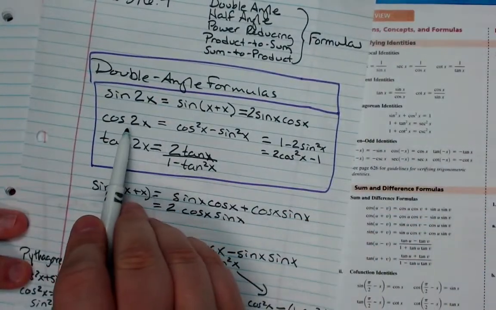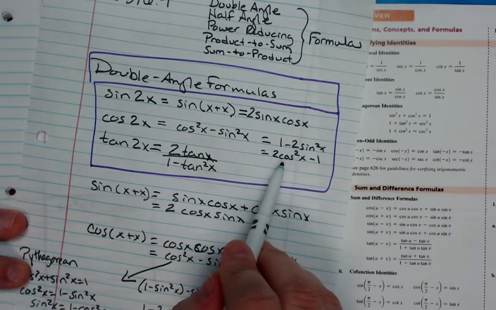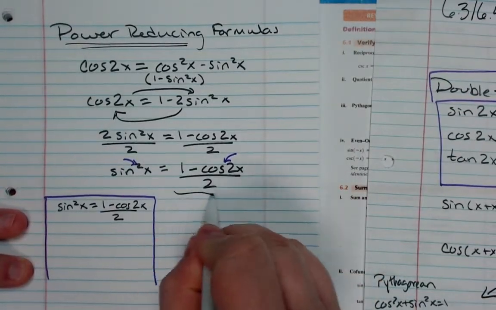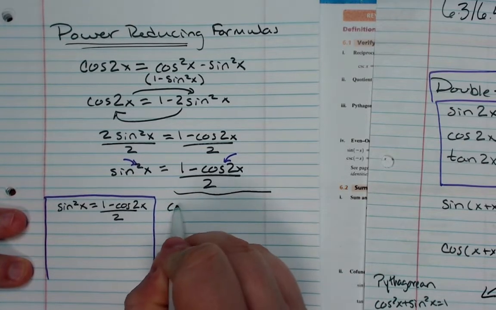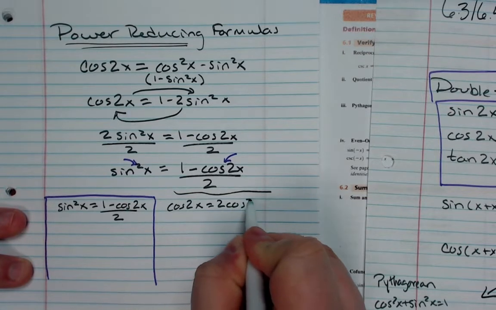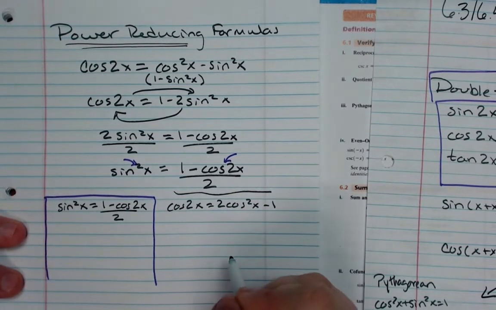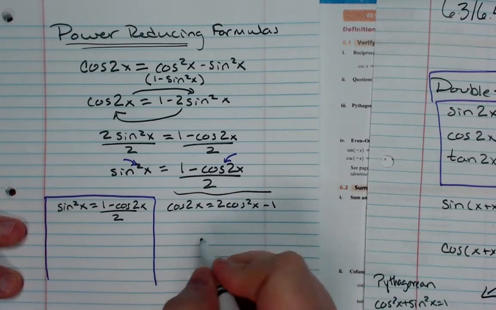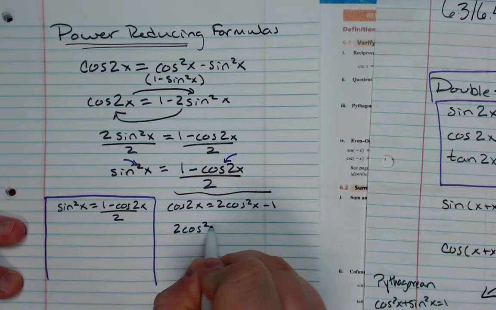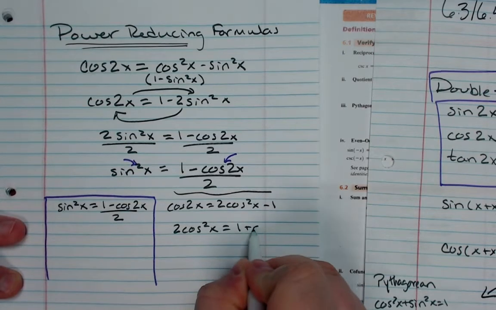Now when we were working through this, we had a couple other forms. We're going to use our cosine 2x equals 2 cosine squared x minus 1. So this is, let me put a line there so we know it's over. Cosine 2x equals 2 cosine squared x minus 1. Add this one to the other side. So we have 2 cosine squared x equals 1 plus cosine of 2x.